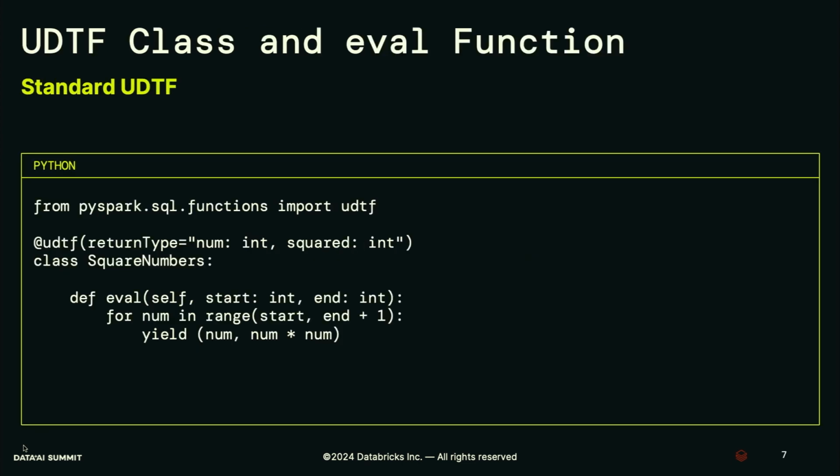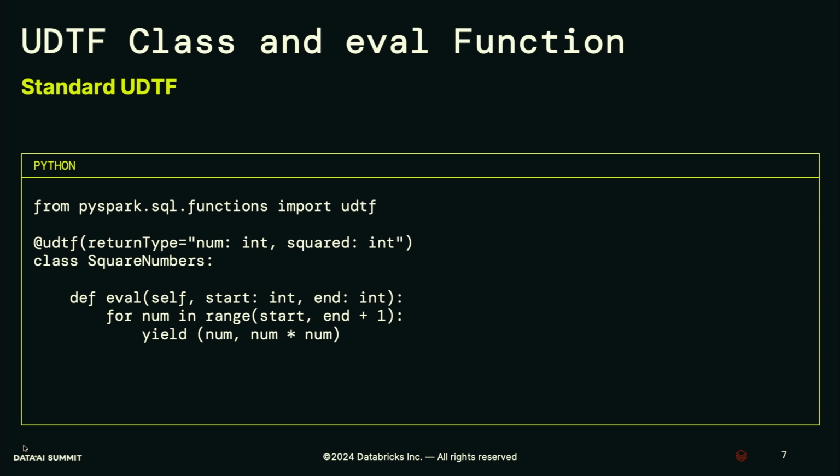Let's go through a simple example of a standard UDTF. In this example, we'll create a UDTF that takes two input values, start and end, and returns each value within that range along with its square.